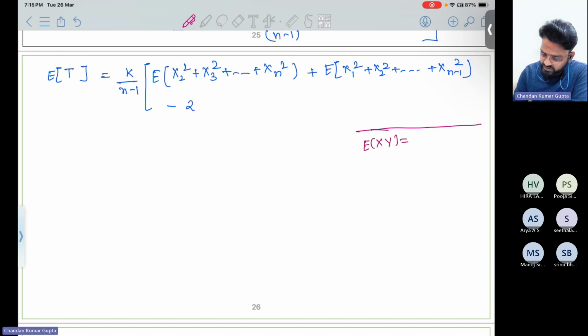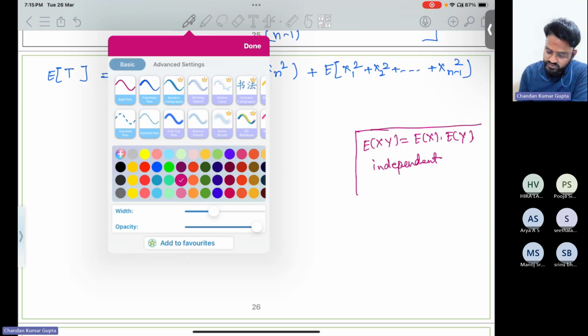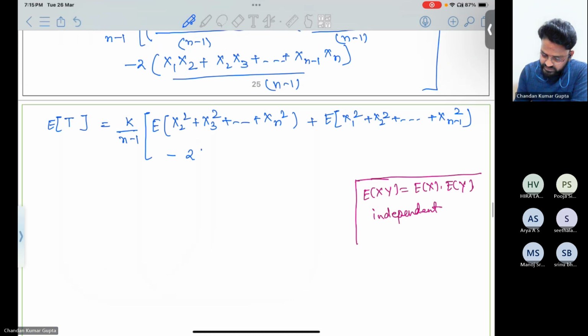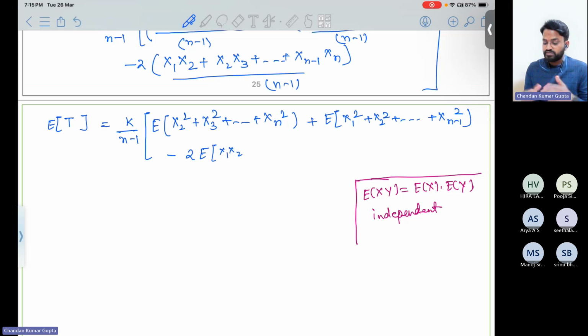Expectation of XY equal to expectation of X into expectation of Y in case of independent. So this is expectation of x1 x2, expectation of x2 x3, that can be written as expectation of x1 into expectation of x2 plus expectation of x2 into expectation of x3 plus so on.